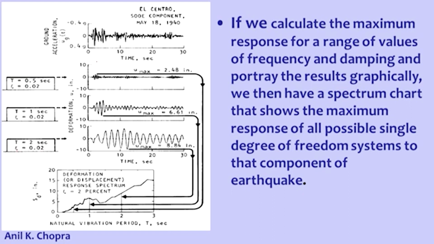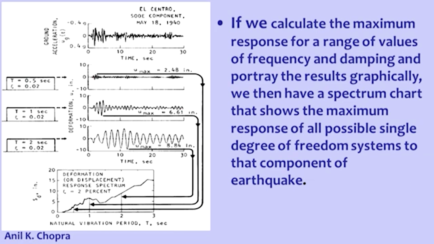For these three structures we are giving the El Centro ground motion as input. Using some numerical technique, either the central difference method or Newmark's method, we get the time history of the first structure, and similarly of the second and third structures.